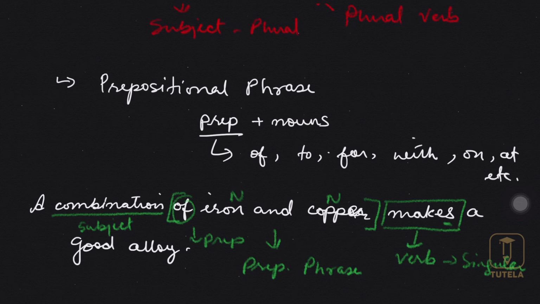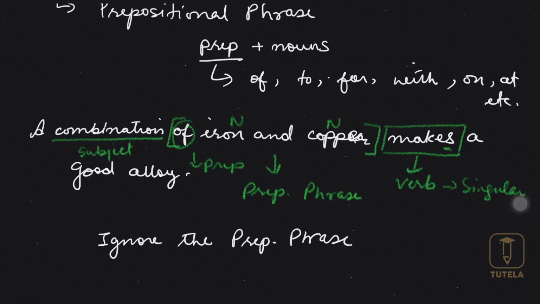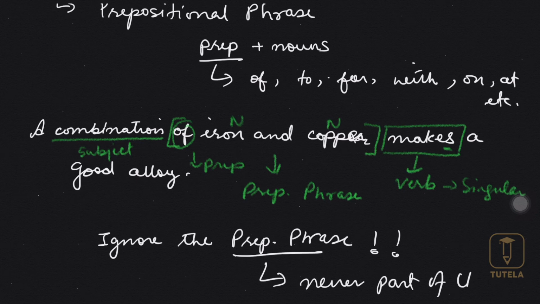Hence, when we are working on a sentence or a complex sentence, longer version, and you're looking for the subject in the sentence, ignore the prepositional phrase. Why? Because a prepositional phrase is never part of the subject.